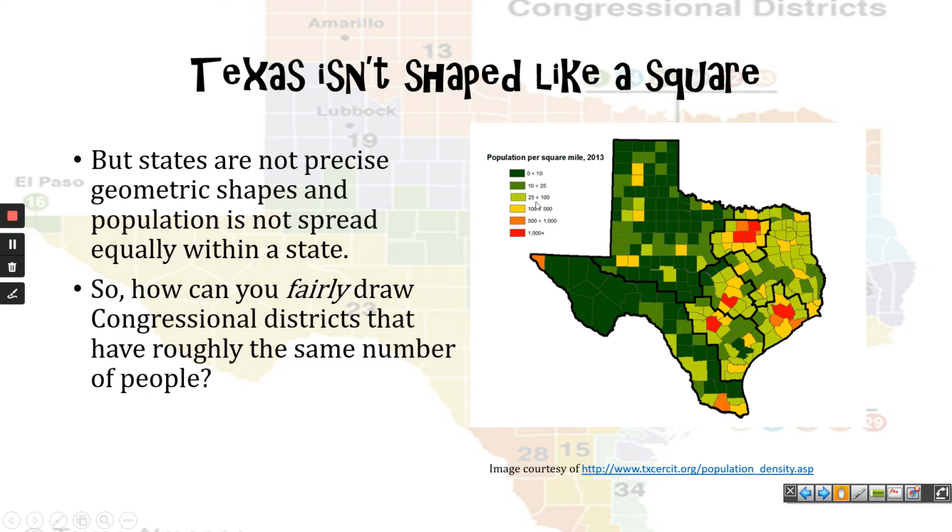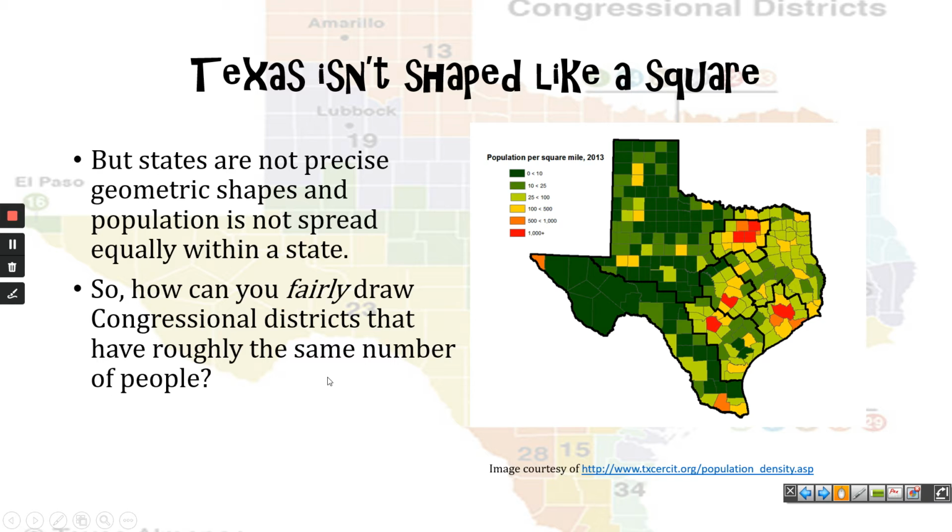And it changes colors, getting more and more populous until you get to the red, which you see in Dallas County, Tarrant County, which is where Fort Worth is, Collin County, which is where Plano and McKinney are, Harris County with Houston, Travis County, Austin, Bexar County, San Antonio. You see these large population centers, where there were more than 1,000 people living in every square mile. So if you mark off a square mile in these areas, you're going to have, on average, 1,000 or more people living there.